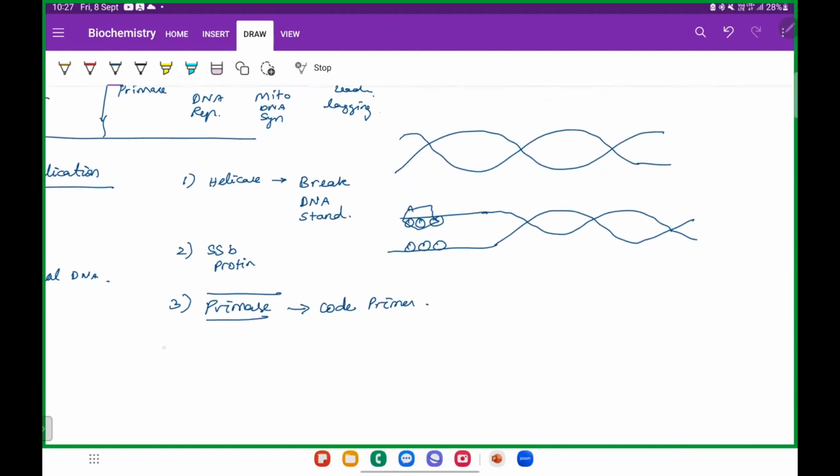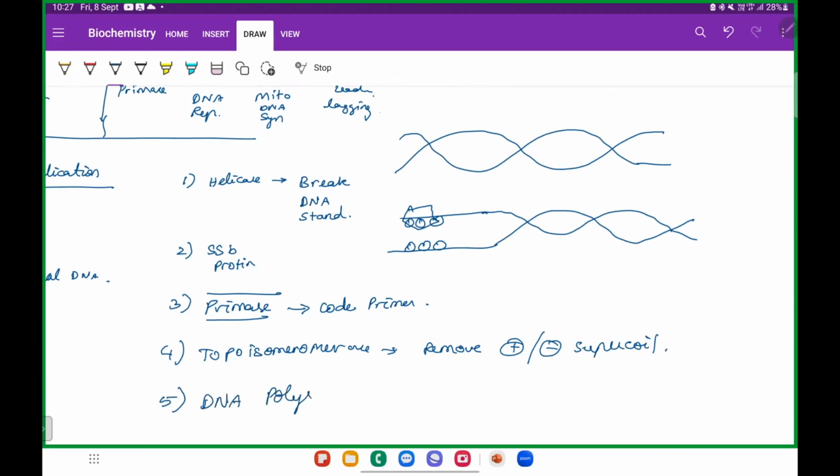After primase, the fourth one is going to be your topoisomerase. Topoisomerase is the one that is going to remove the positive and negative supercoils. And the fifth one is going to be DNA polymerase.